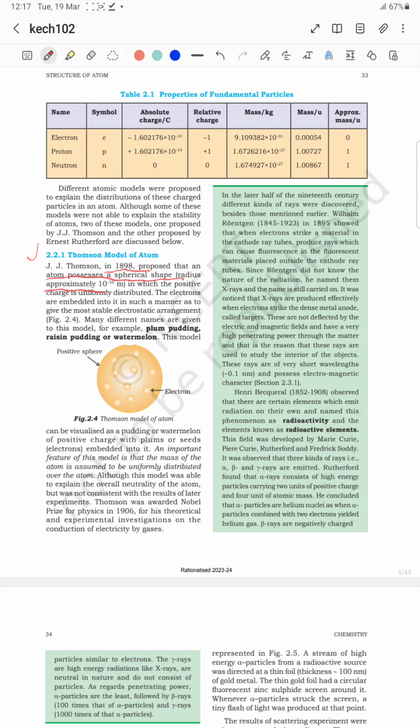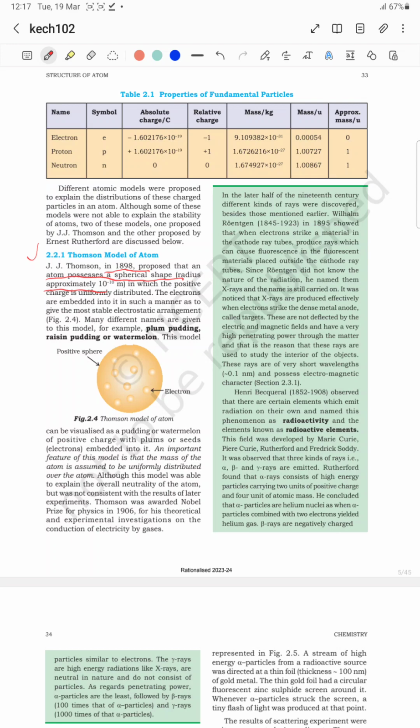Many different names are given to this model, for example, plum pudding, raisin pudding, or watermelon. This model can be visualized as a pudding or watermelon of positive charge with plums or seeds as electrons embedded into it.